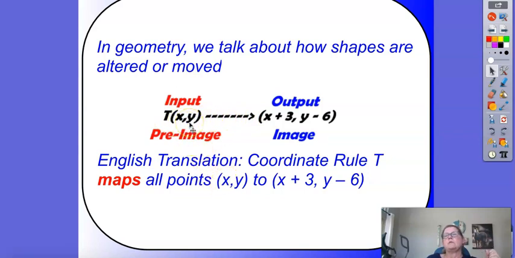So if I'm just dealing with one point, that's fine, but if I have a circle that's made up of a whole bunch of points, it's saying you're going to take all the points on that circle and move them to a new location, and this is the rule that you're going to use to move them and where they're going to be.